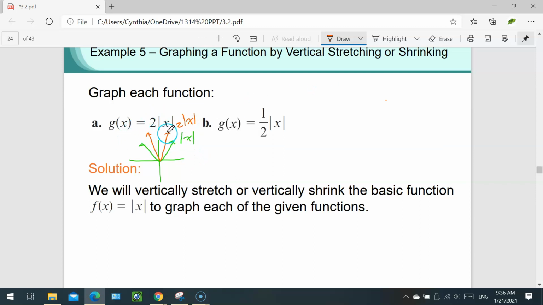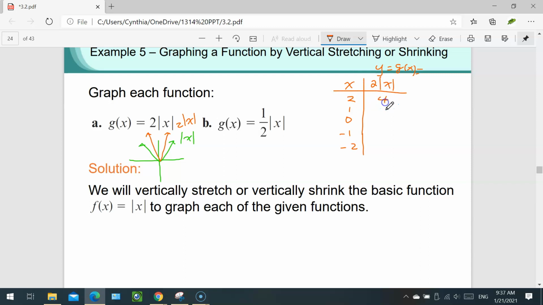If you cannot visualize it, you can go with the table. So create a table with x and 2 multiplied with the absolute value of x, because this is y, which means this is your g of x. You can create x values 0, 1, 2, -1, -2, use 5 points, and then multiply 2 with your absolute value function.